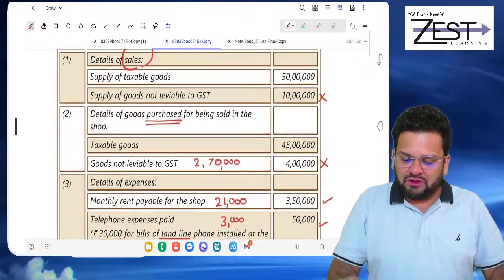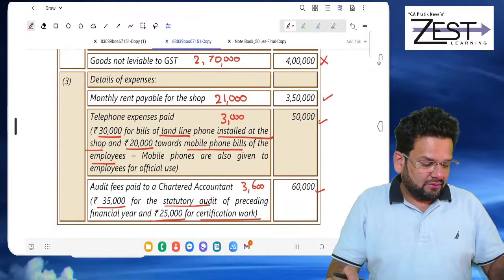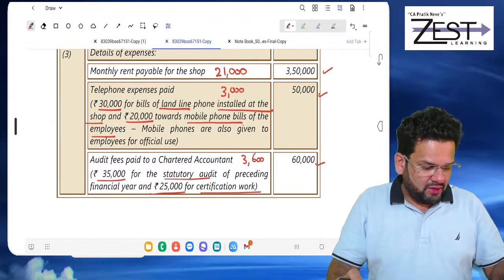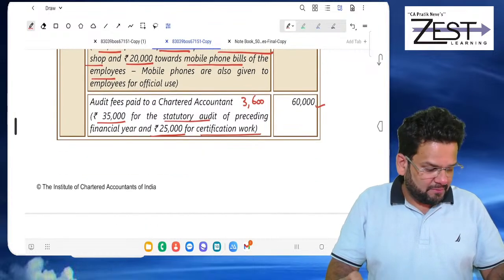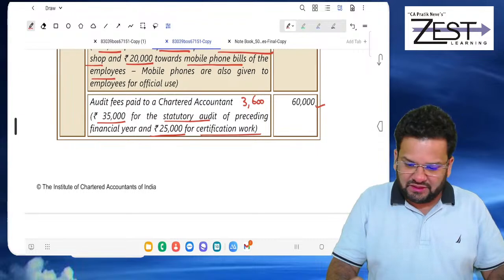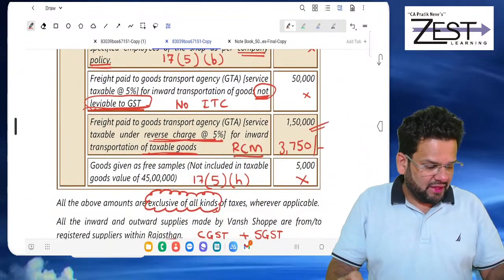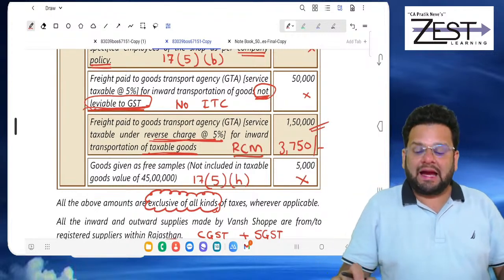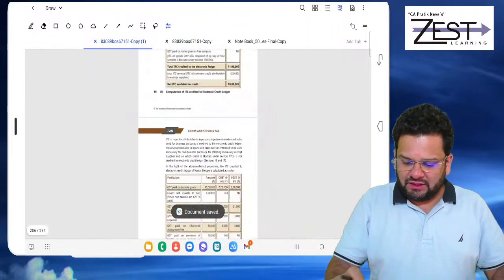So whatever figures we have worked out, can you take the total of that? 2,70,000 plus 21,000 plus 3,000 plus 3,600 plus 3,750. How much are you getting as total ITC that can be taken to the e-credit ledger?